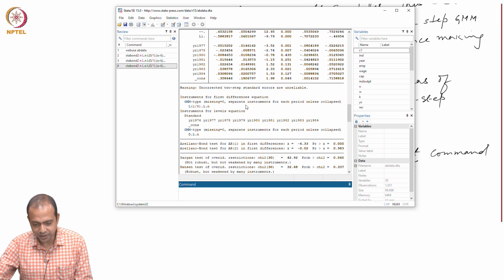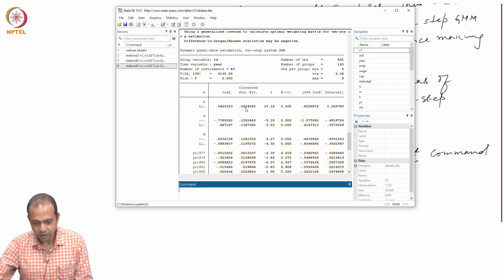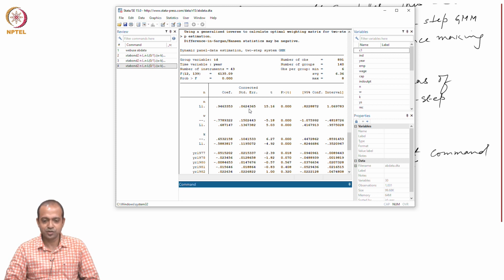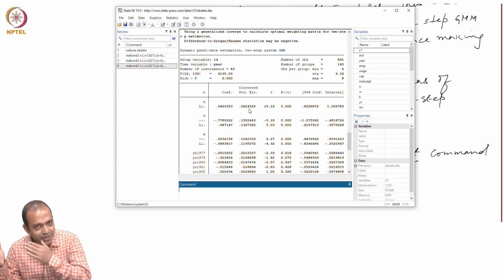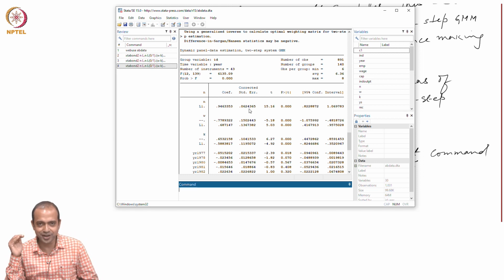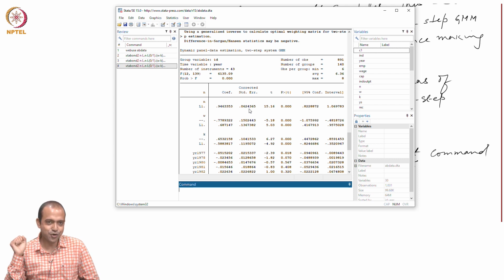So, it is almost like the one-step estimation, 0.0624. So, we have gained consistency, at the same time we have corrected the asymptotic standard error of the two-step estimator. Who suggested this? Windmeijer suggested it in a 2005 paper, the Windmeijer correction.